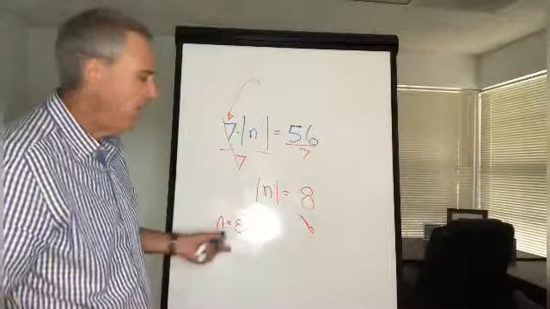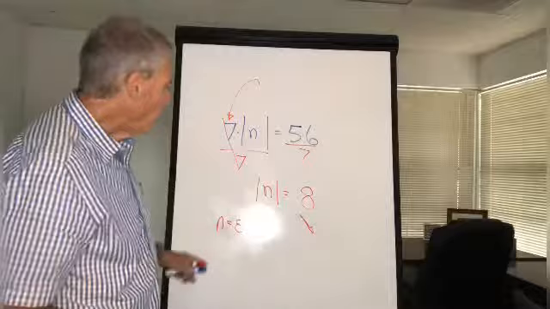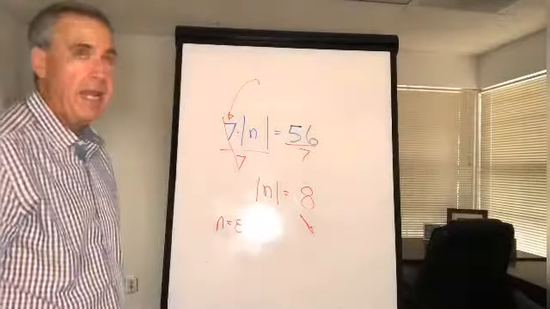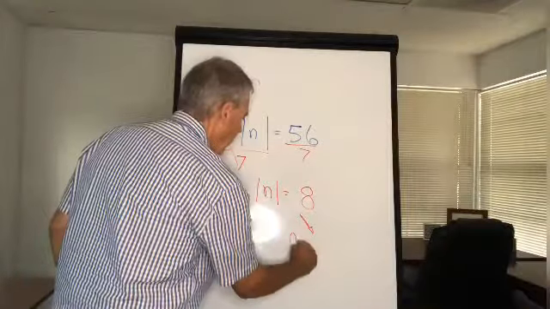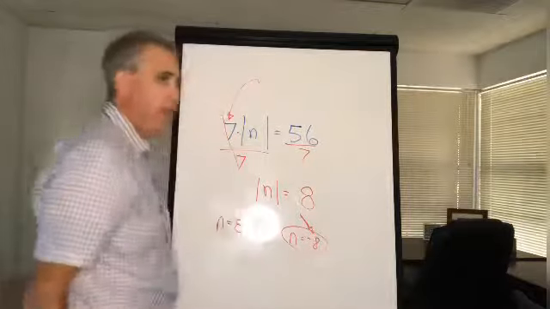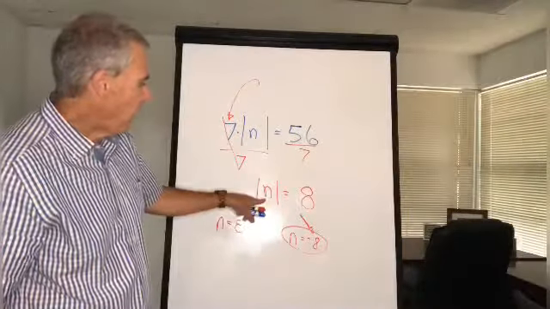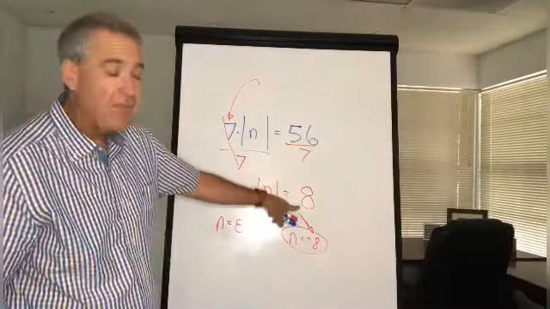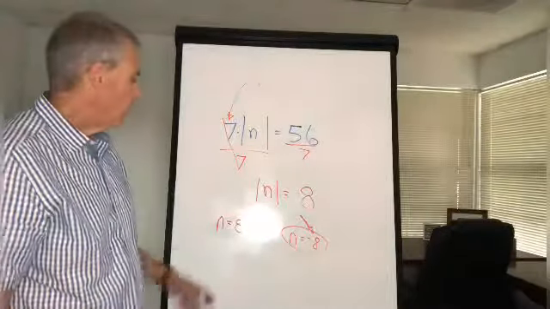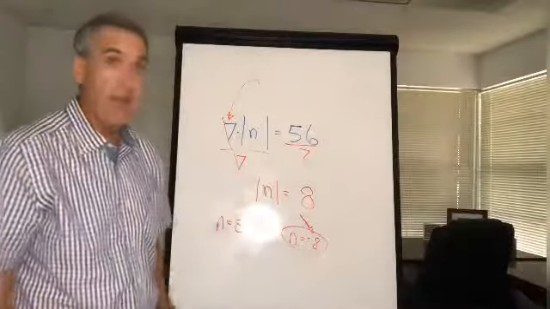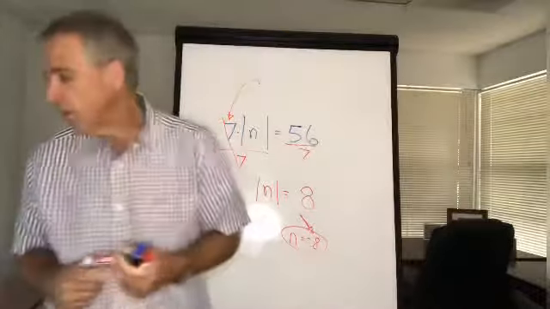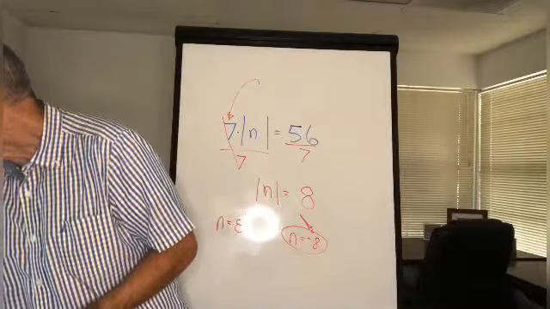The other thing we do is take this number and make it negative. So n is equal to 8, but also -8. If our answer was the absolute value of n is equal to 5, it would be 5 and -5. Both answers are true, and you need both. Let's do another one, maybe a little bit harder.